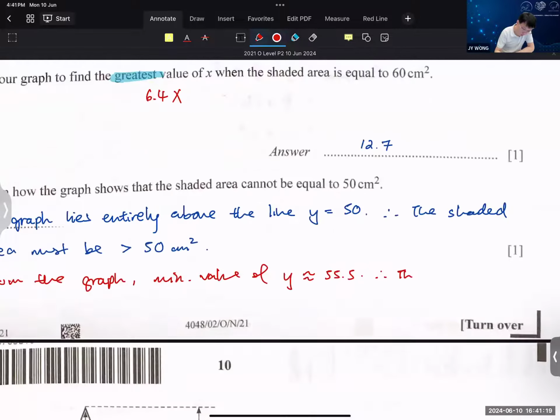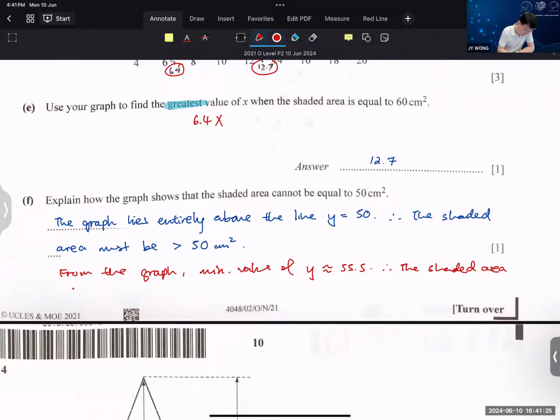Therefore, the shaded area must be more than 50. Okay? So these are the two explanations I think that can be accepted. Either tell me that it lies entirely above the line y equals to 50, or tell me that the minimum value of y is about 55.5, and therefore the shaded area must be more than 50.